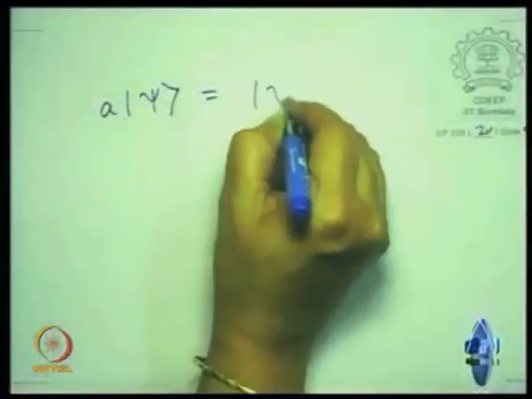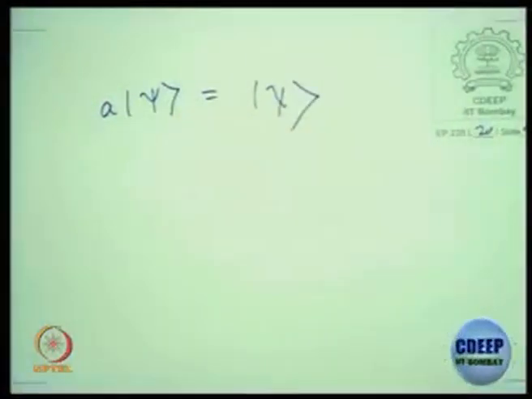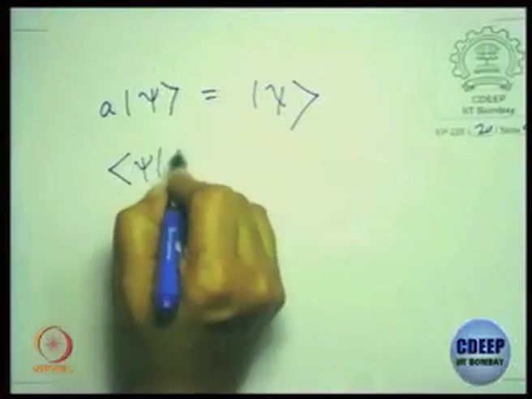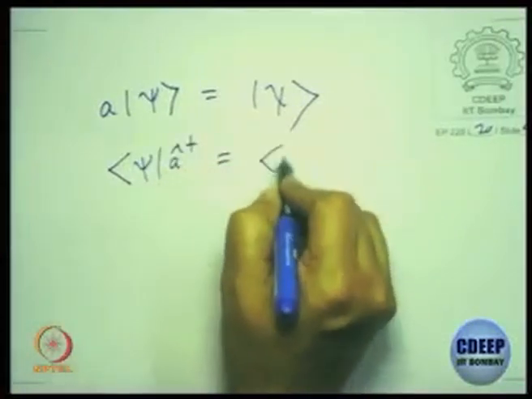Take an arbitrary state psi. What can we say about the matrix element? If you write psi with A as some chi, then the adjoint action, psi with A dagger, will be chi.